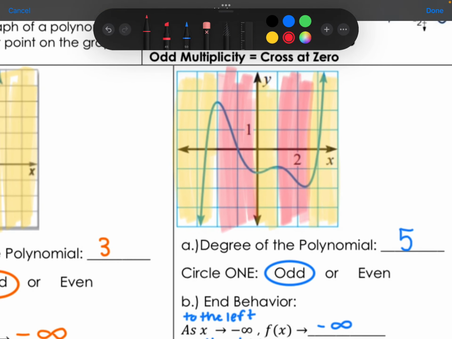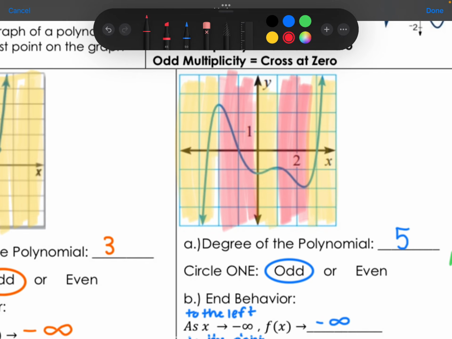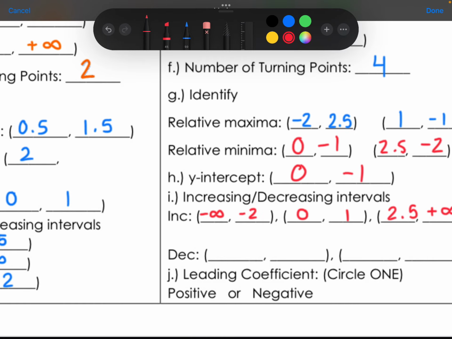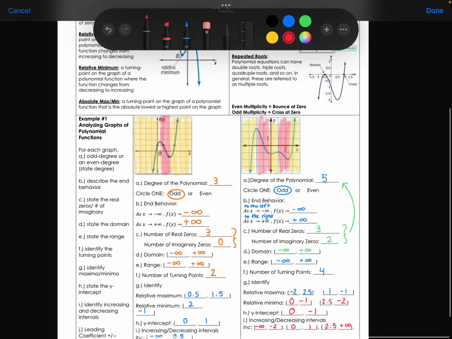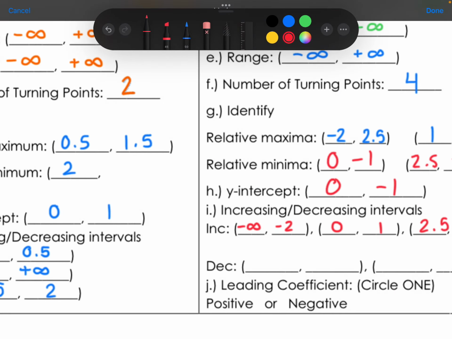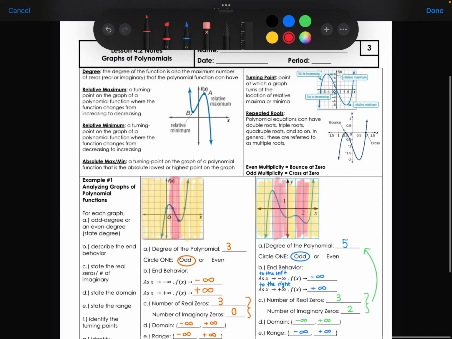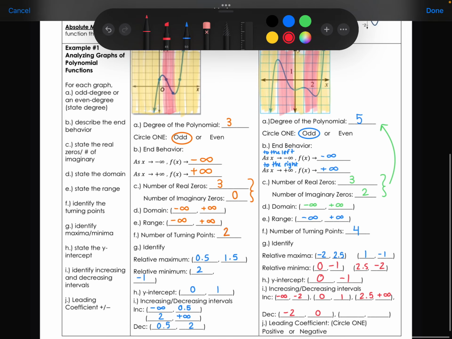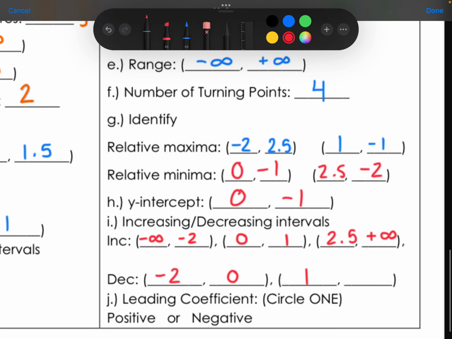And then decrease, we're decreasing from negative 2 to 0. And then we're decreasing from 1 to 2.5. You see how they correspond with each other?